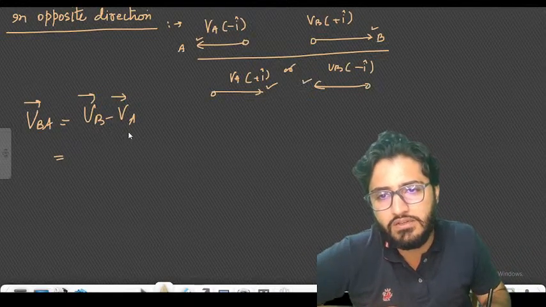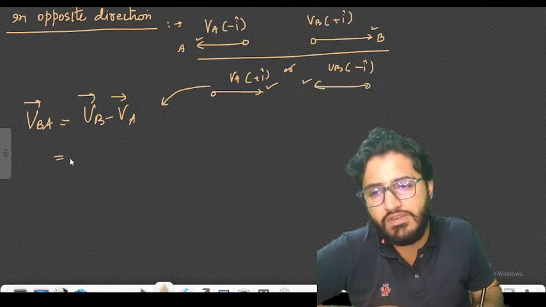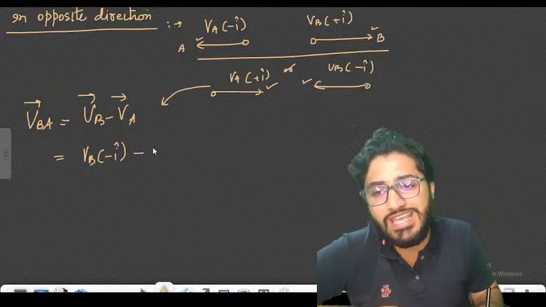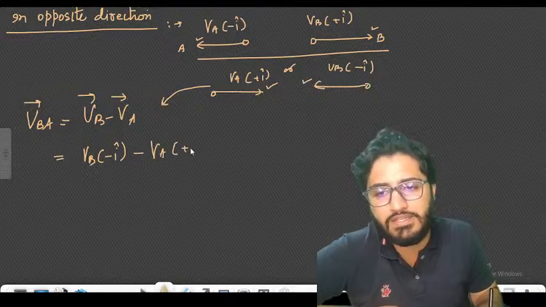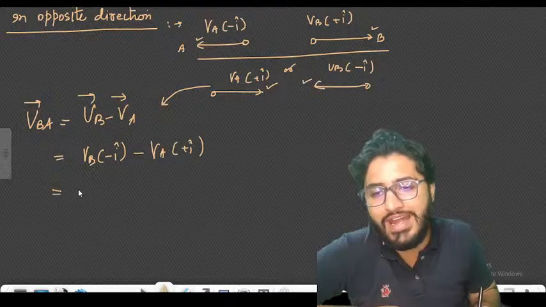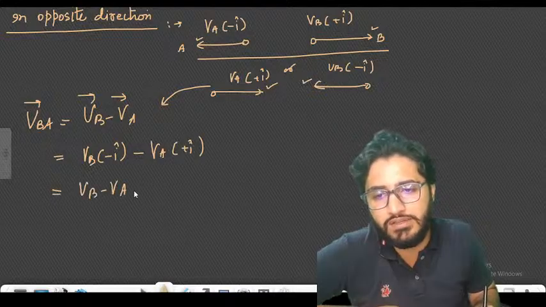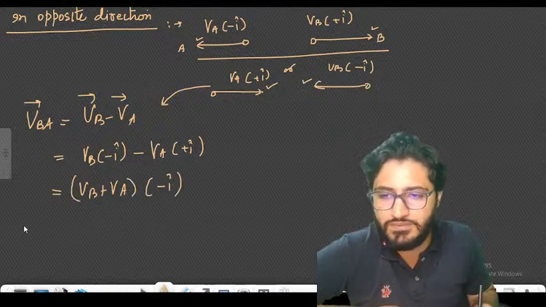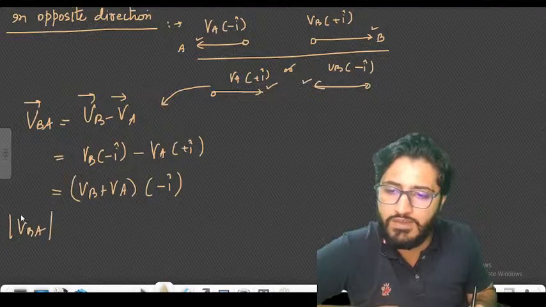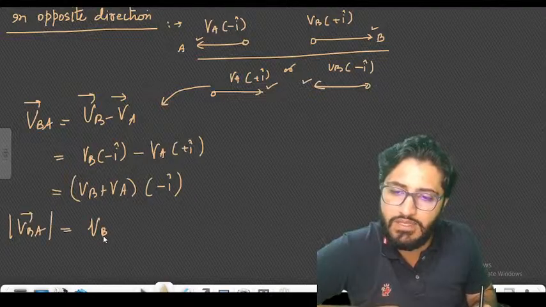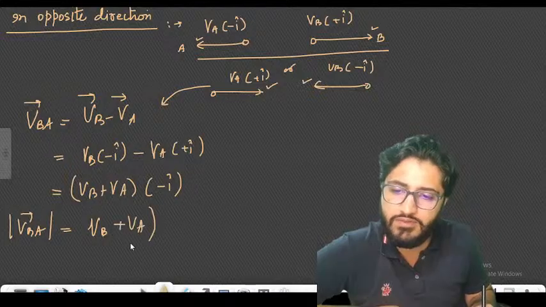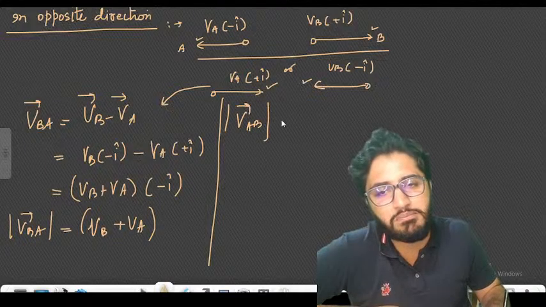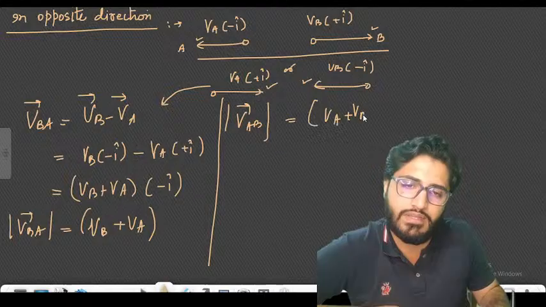Let's take this example. VB is VB in minus I cap, and VA is VA in plus I cap. So VBA is minus VB minus VA, in the minus I cap direction. So the magnitude of VBA is VB plus VA, and VAB is the same, VA plus VB.